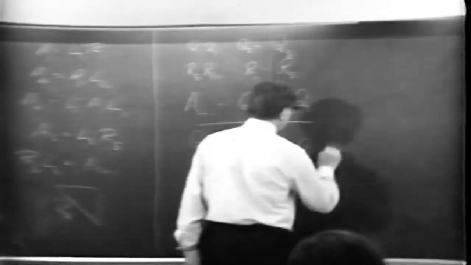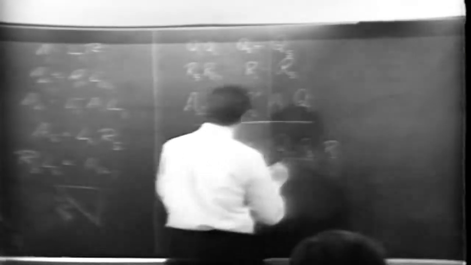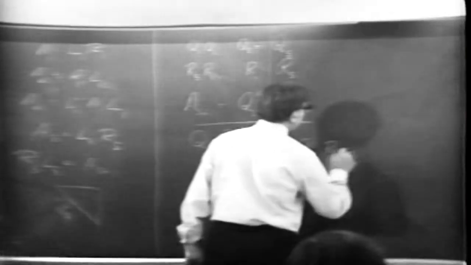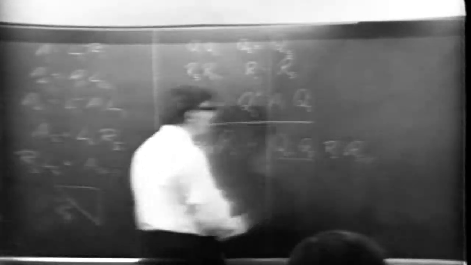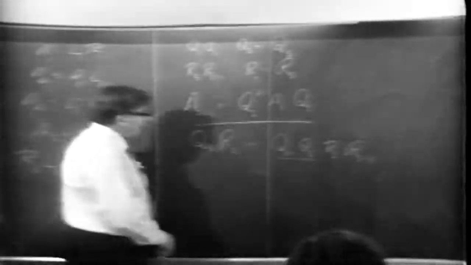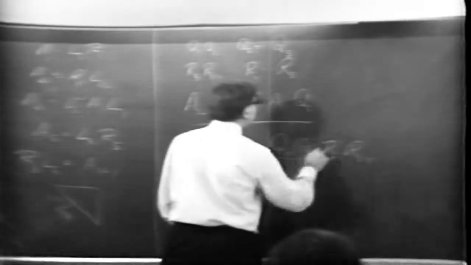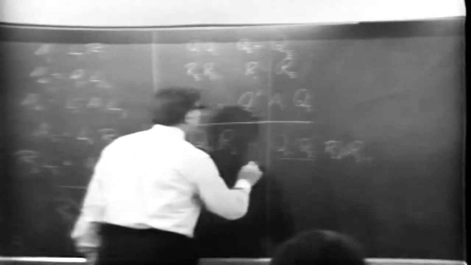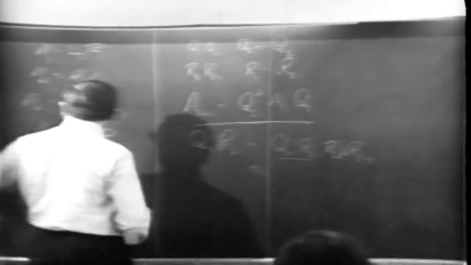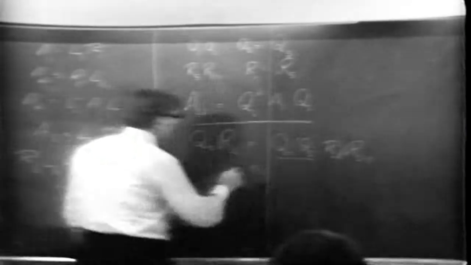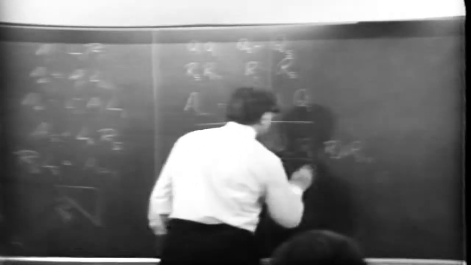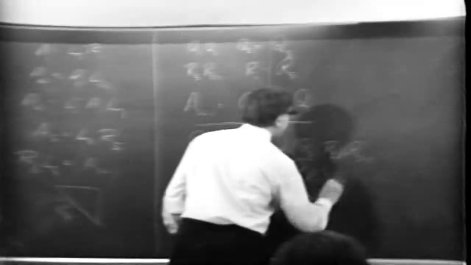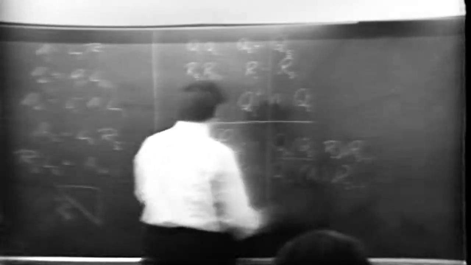And this is big R_s, which is small r_s times big R_{s-1}. And Q_sR_s is A_s, and so this is big Q_{s-1}^H A_s times big R_{s-1}.